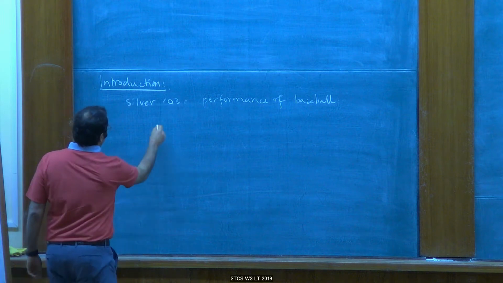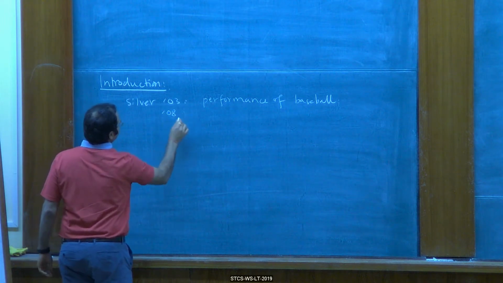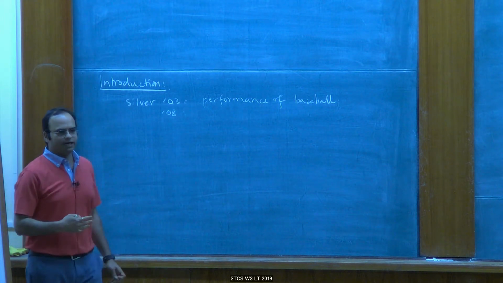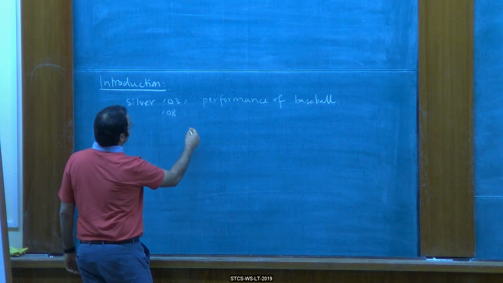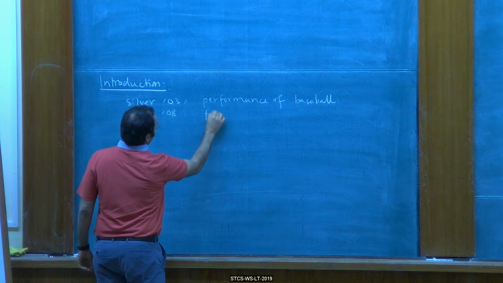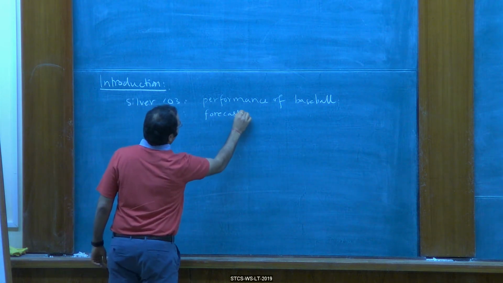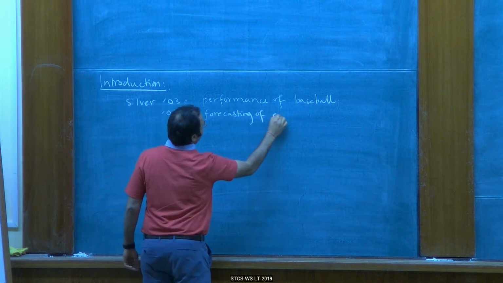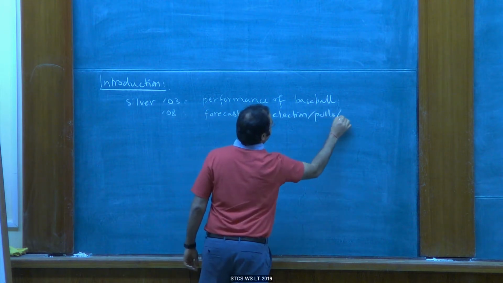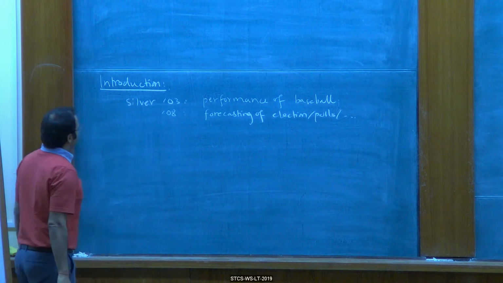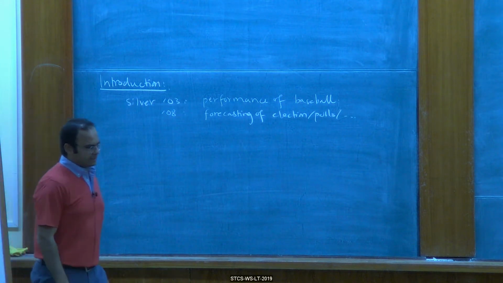And then in 2008, when he wrote the blog 538, he showed that some variation of a nearest neighbor algorithm is used for more accurate forecasting of elections, polls, whatever. Okay, so those are some of the few popular examples.